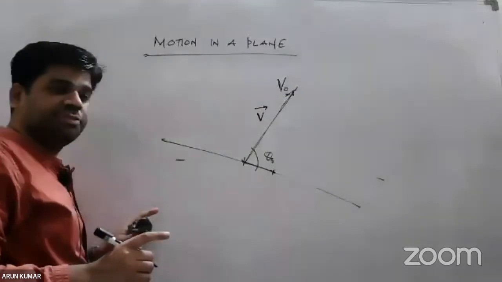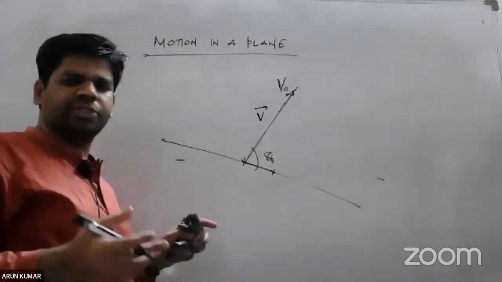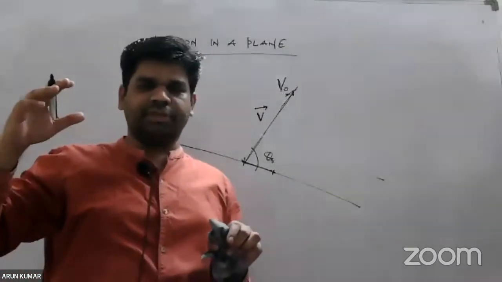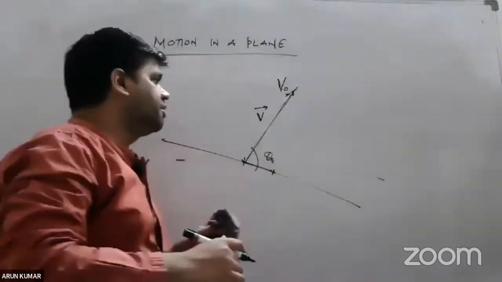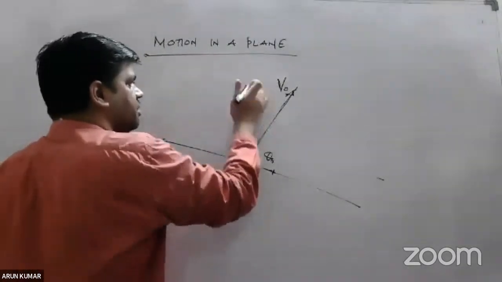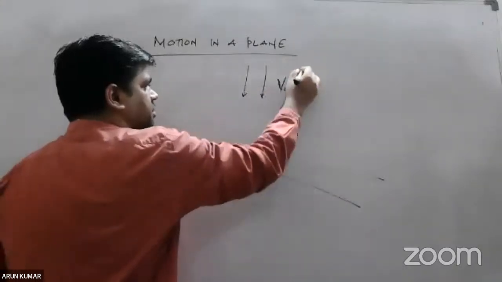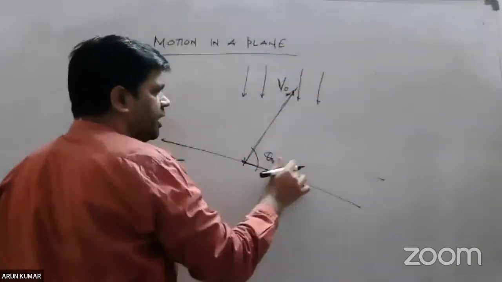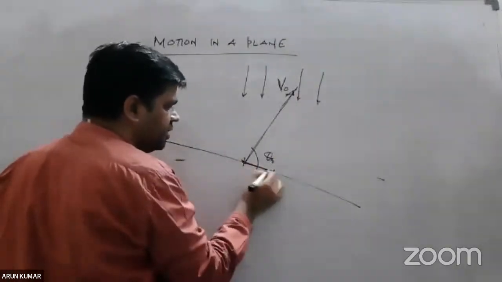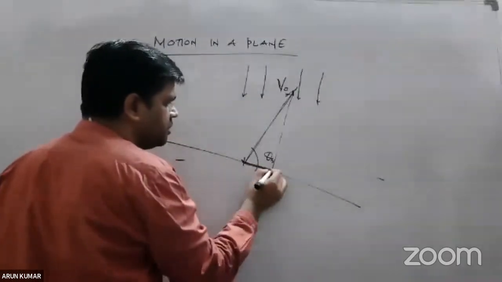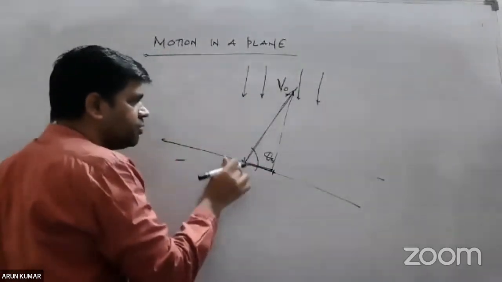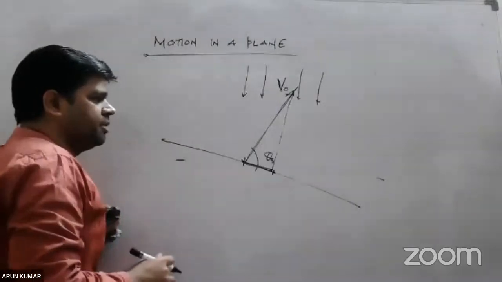What kind of shadow? That means where is my light coming from? If I say shadow, there should be some light source from where the light is shining. So light is shining in this way, perpendicular to the line, and I get a shadow of this vector on this line. And this is nothing but the component of V on this line.